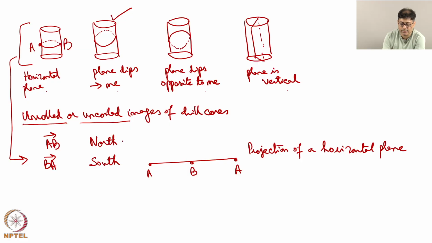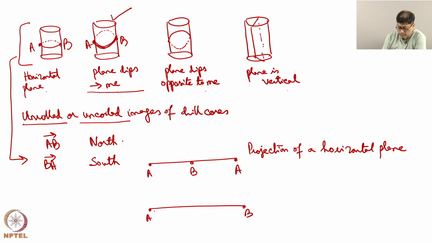Now, let us take the case of a plane dipping towards me, and how it will appear if we unroll the image. I take here point A and point B, and suppose the opening is done. One can see that here the line actually goes in a downward direction.